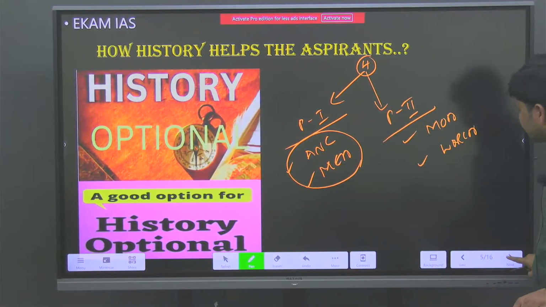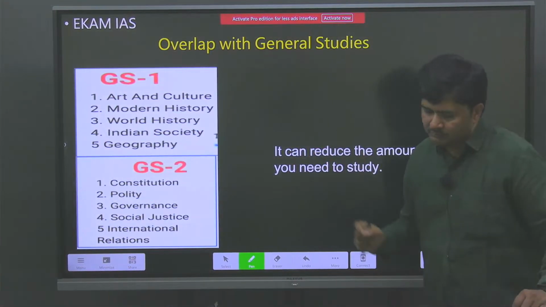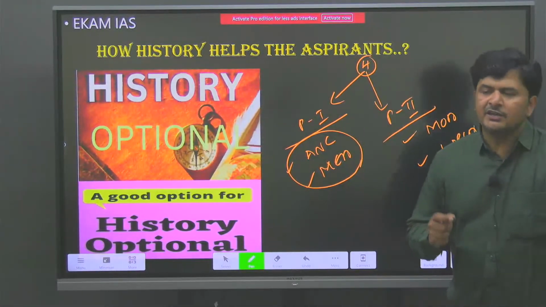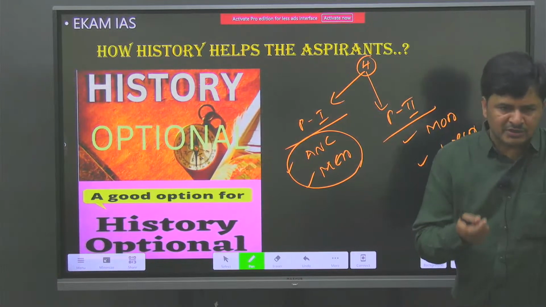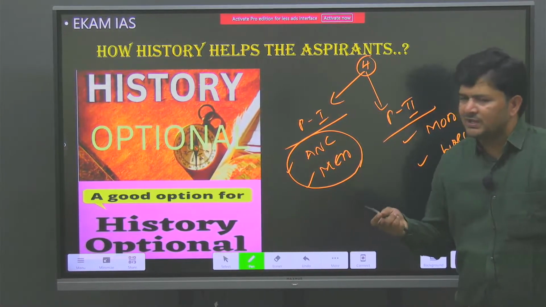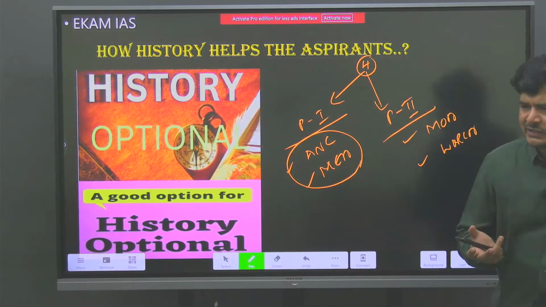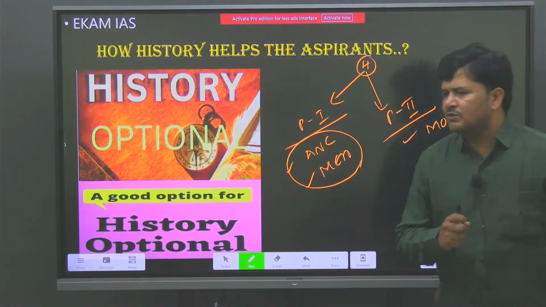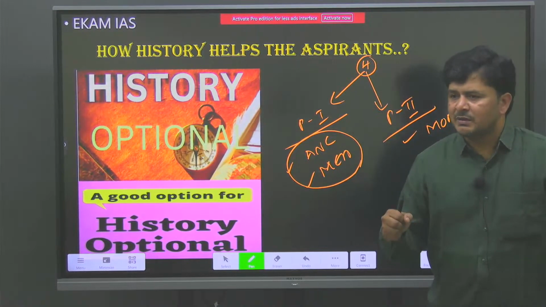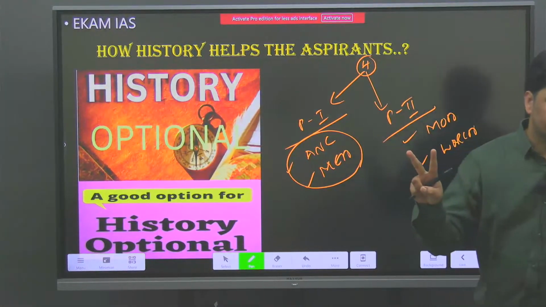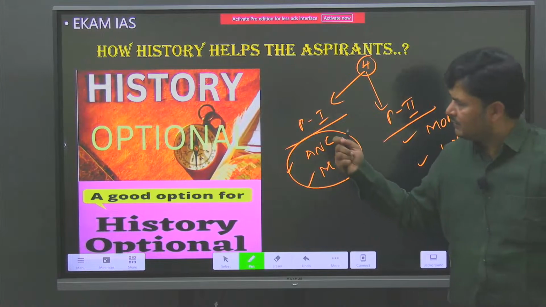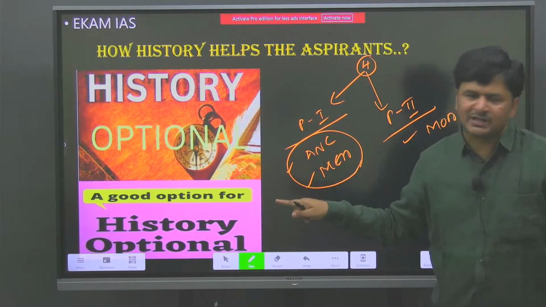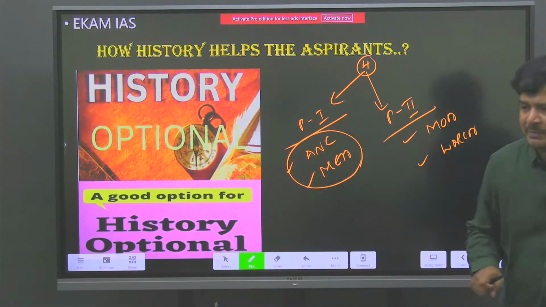Now, how does history help the aspirants if you select it as optional? From 2011 onwards, we found a radical change in UPSC. When we were writing in 2008, 2009, 2010, we used to write mains with two optionals. I wrote UPSC mains with two optionals: my mother subject happened to be history, and the other was public administration.